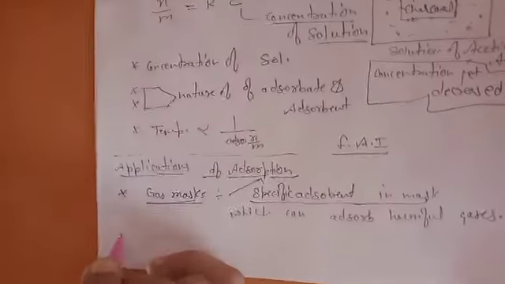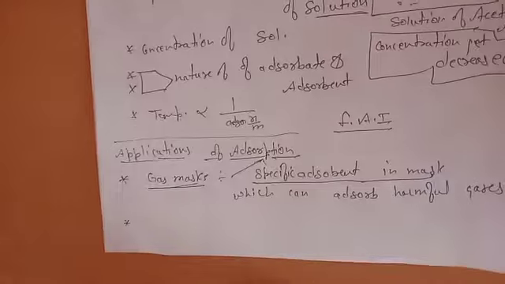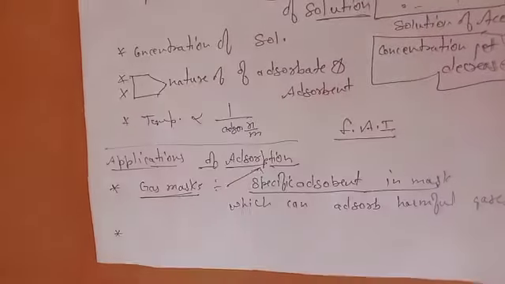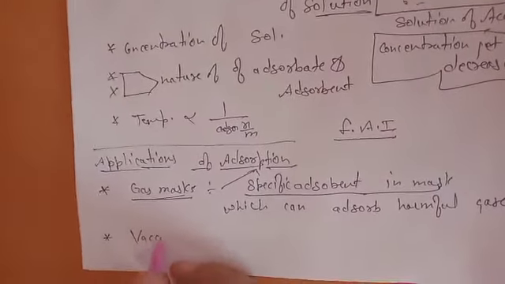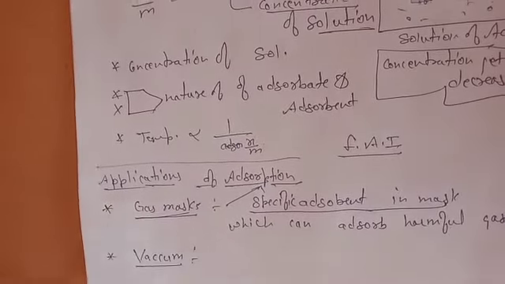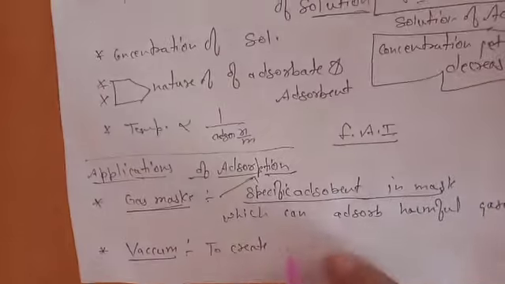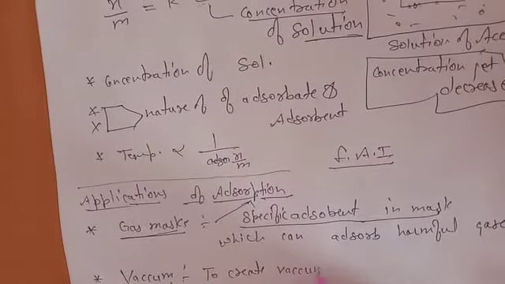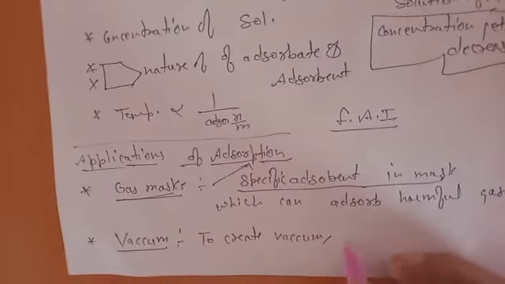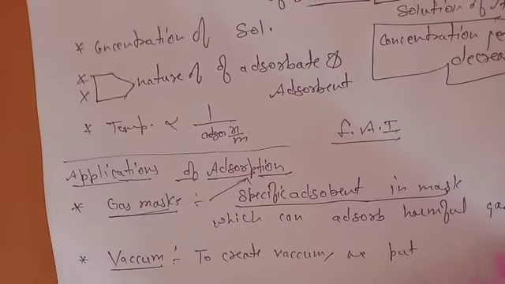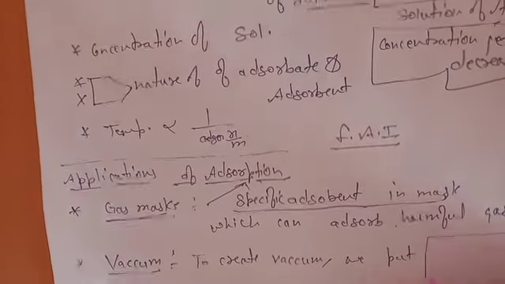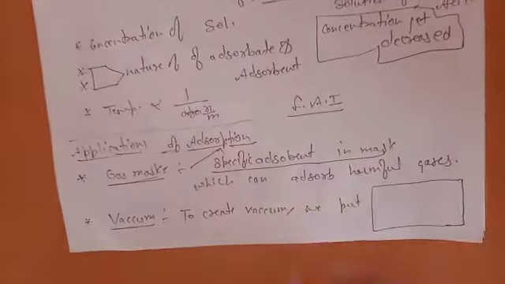Okay, the next application you can discuss on the basis of adsorption is vacuum creation. To create vacuum in any cylinder, we put adsorbent. Suppose this is a container in which we have to maintain vacuum.